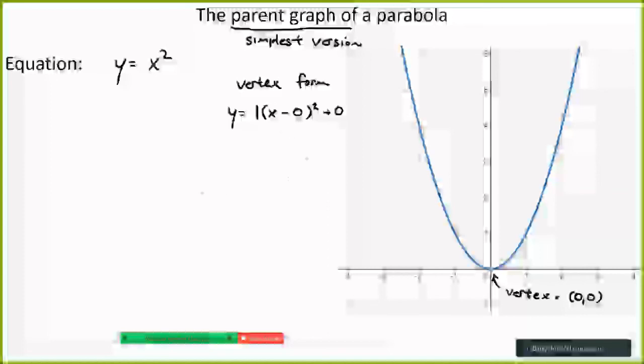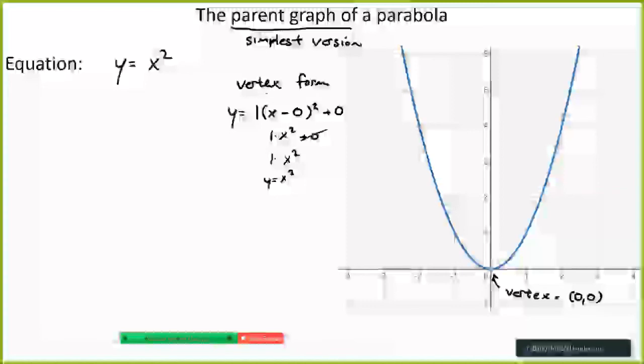So technically speaking, this is the parent graph in vertex form. But what happens if you simplified this? Well, x minus 0 is just x. We don't have to show plus 0 or minus 0, right? Because it's not changing it. So we can cross that plus 0 out. And 1 times x squared, that's just x squared.